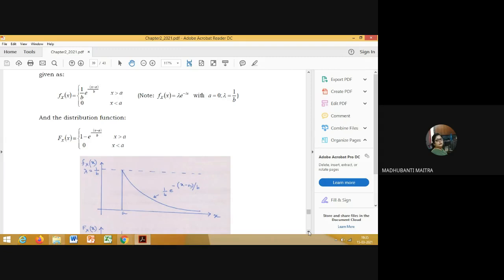So take the first derivative of the characteristic function and evaluate it at omega equal to 0.